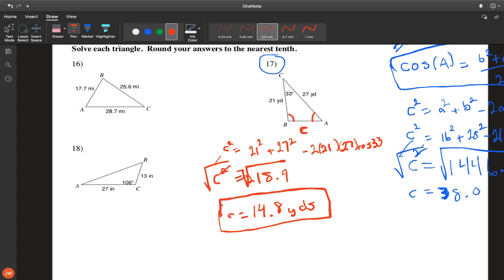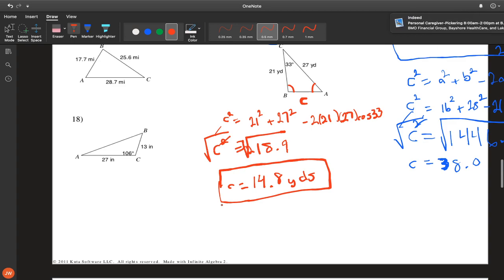Alright, now that we found C, now we need to find one of these angles. So let's see. We have all the sides, so we can definitely find either or. So let's solve for angle B. Looking at angle B, we're going to use the same formula that we rearranged for last time.